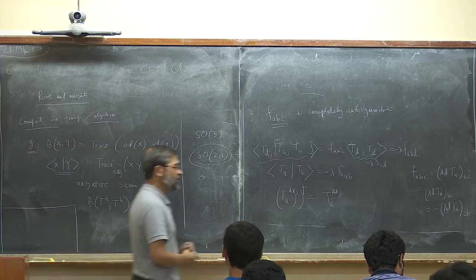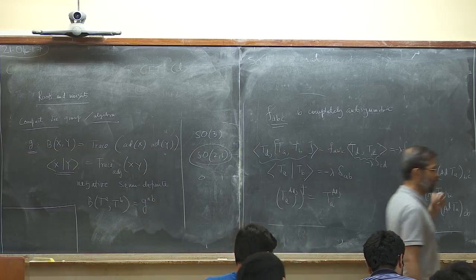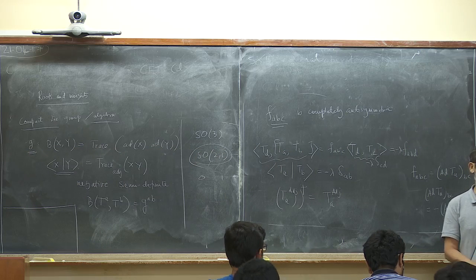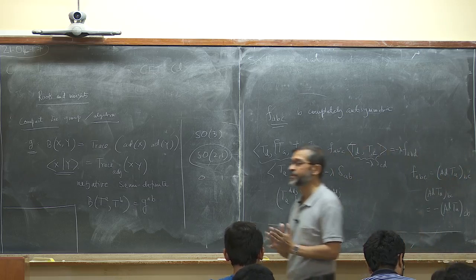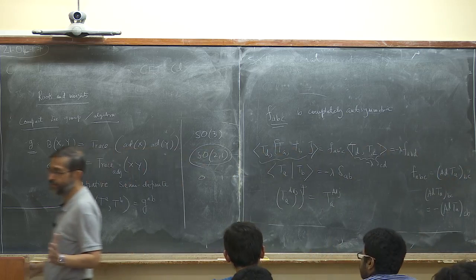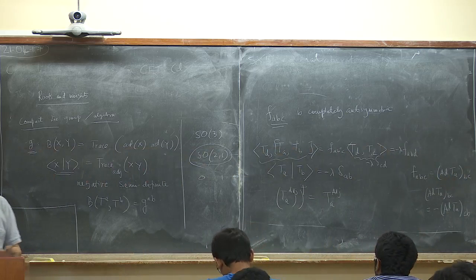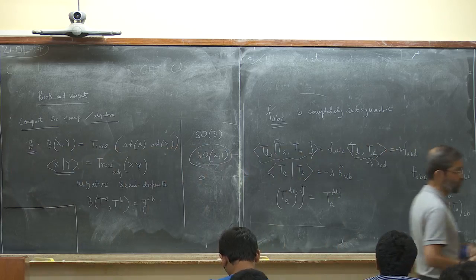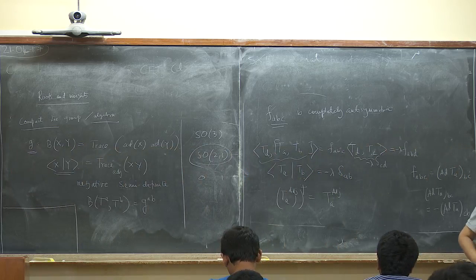There's a further claim, which is that irreducible representations are also finite dimensional. So anytime you have an infinite dimensional representation of a compact Lie algebra, it's basically splittable into irreducible representations, each of which is finite dimensional.